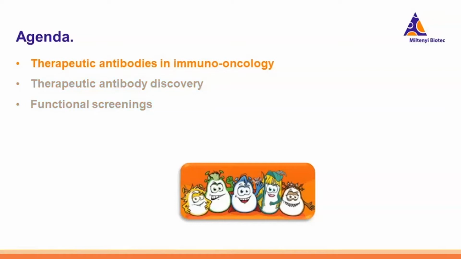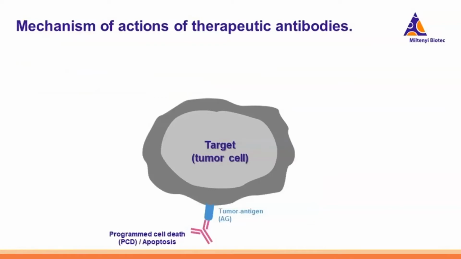So let's directly start into the topic and talk about therapeutic antibodies in general. There are many different mechanisms of action by which therapeutic antibodies can work on a target, here, of course, a tumor cell. An antibody can bind to a tumor antigen on the surface of the target cell and induce programmed cell death or apoptosis.